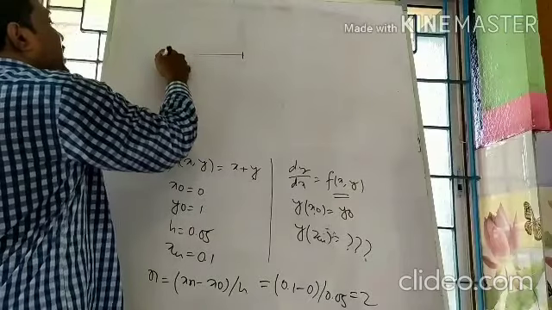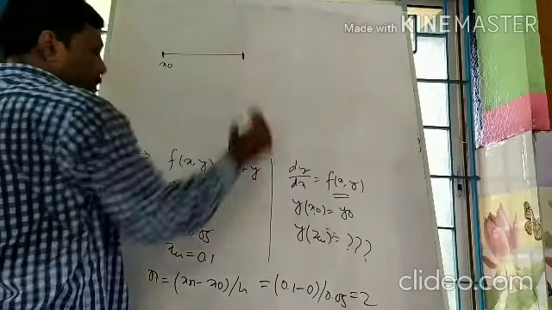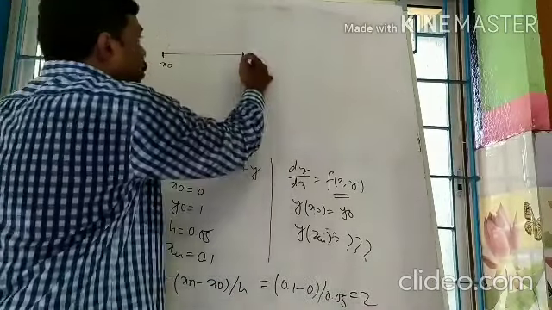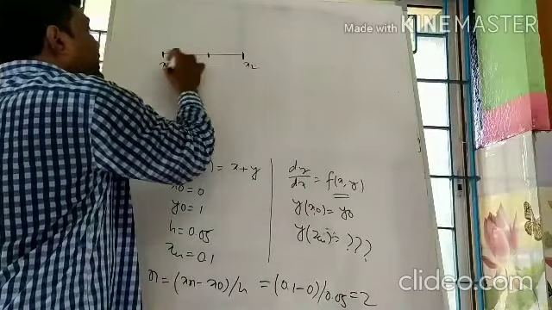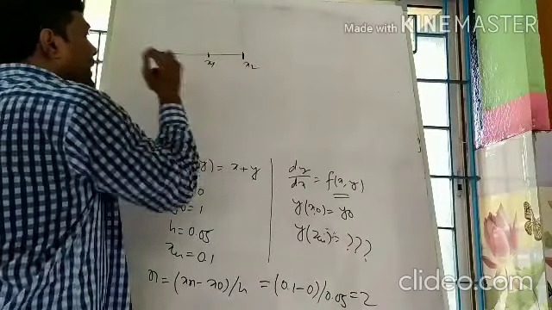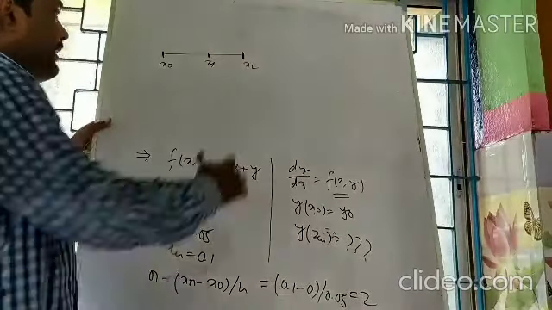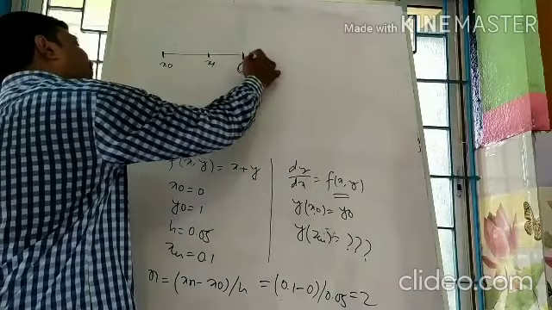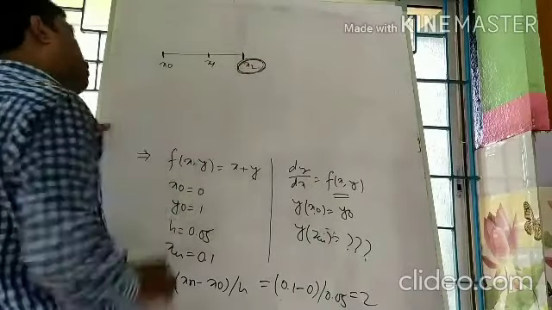So this is the point x0, and n equals 2, so xn is x2. And we are dividing into 2 equal subintervals, so this is x1. Our target is to find y at the point x2.